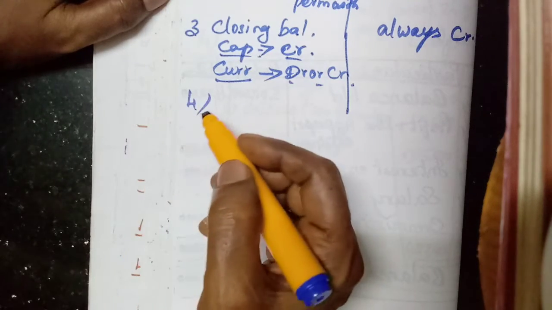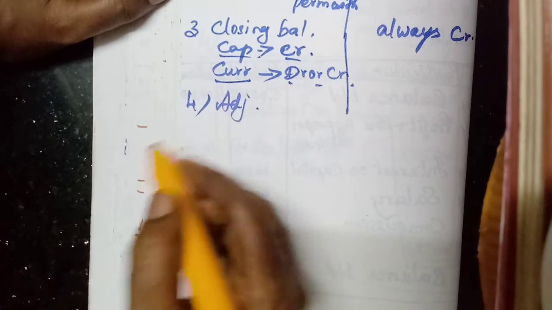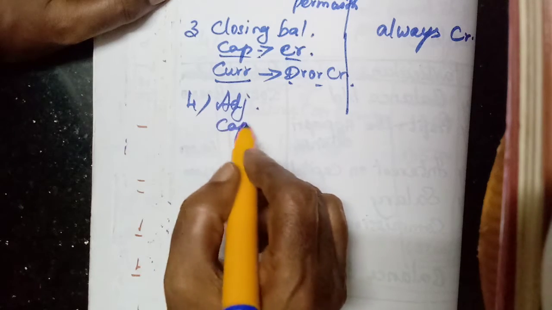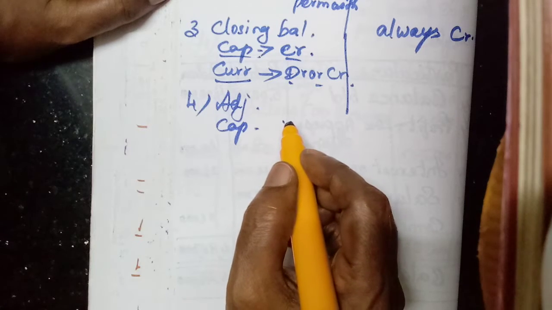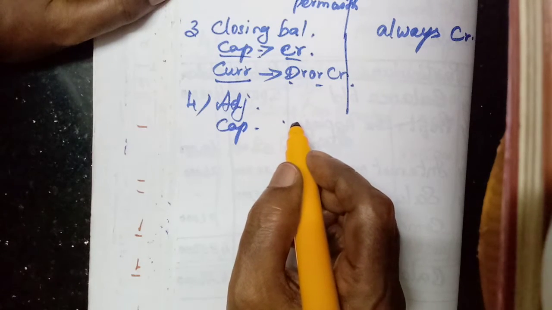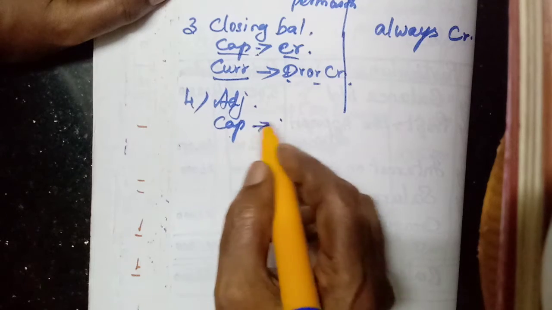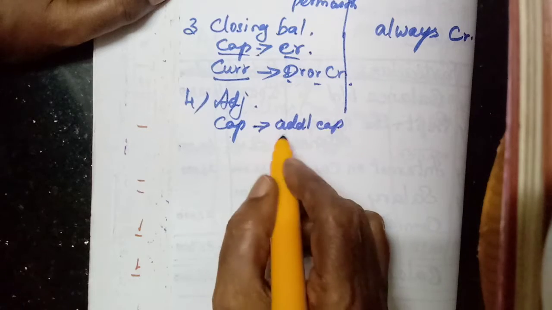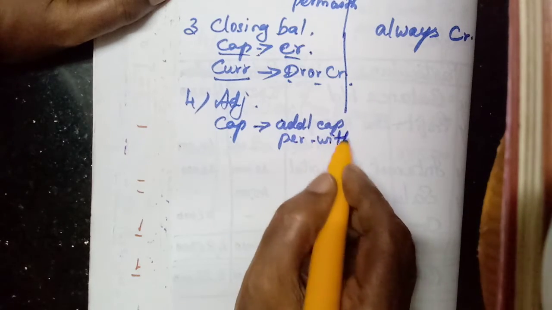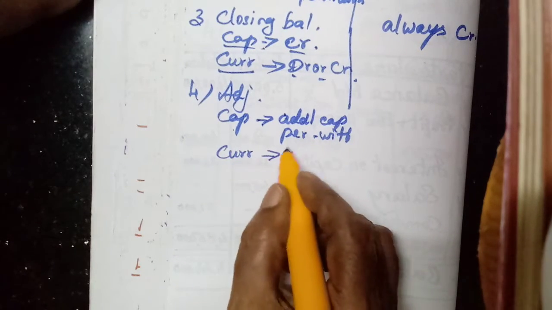Okay. Then the fourth one, the adjustments. What adjustments will be entered? Here in the capital, what do we write, what adjustments do we do? In the fixed capital method, we prepare two accounts, isn't it? In the capital account we will enter the additional capital and the permanent withdrawal, isn't it? But in the current account we make all the adjustments. What?